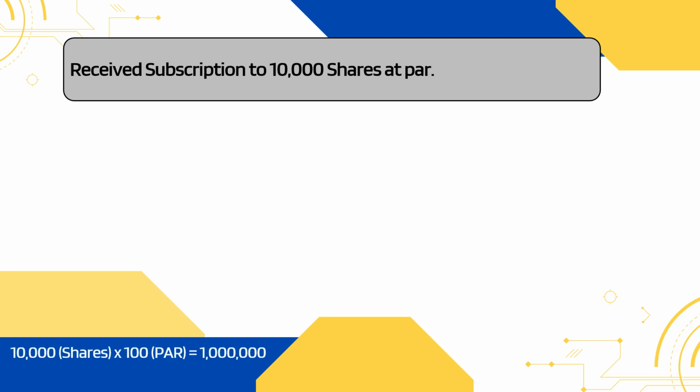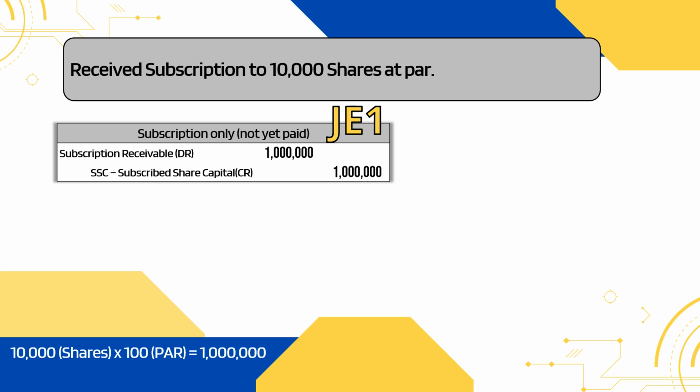So yung par value niya was at 100. So basically, all you have to do is, okay, they want to subscribe to 10,000 shares. You multiply that by 100 par, then therefore, ang amount of subscription receivable that you expect to receive would be debit subscription receivable 1 million, credit SSC of 1 million.